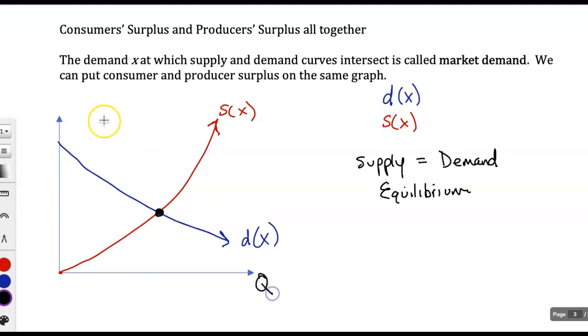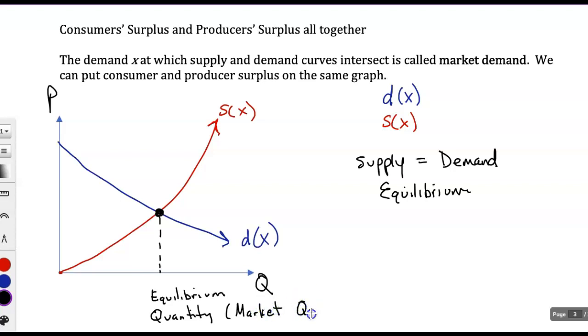So if this is quantity and this is price, we call this the equilibrium quantity. And you will also hear that called the market quantity. And this price right here is called the, can I get rid of this? Yeah. I'm going to do EQ for equilibrium.